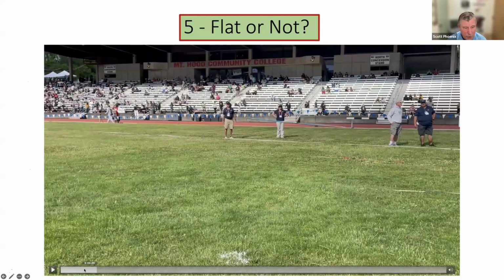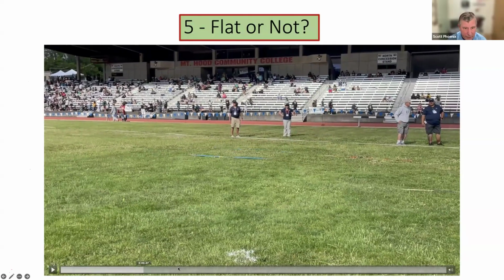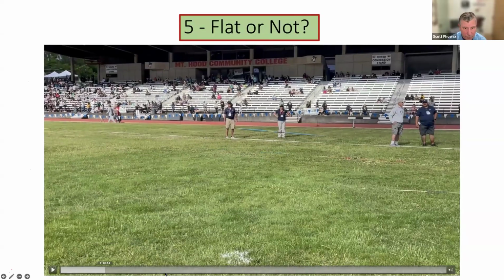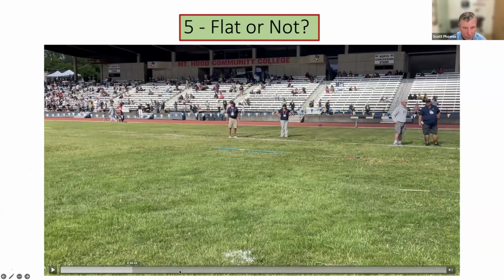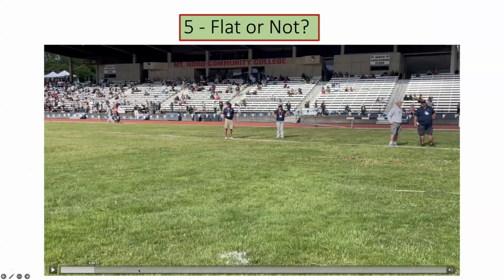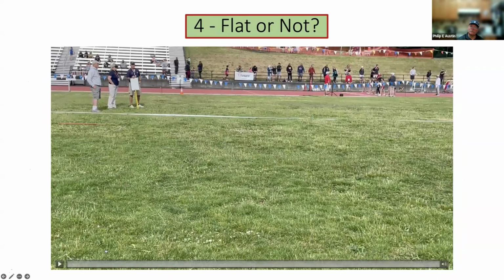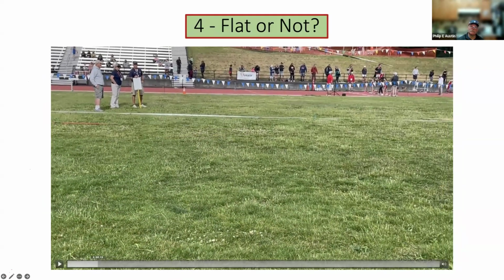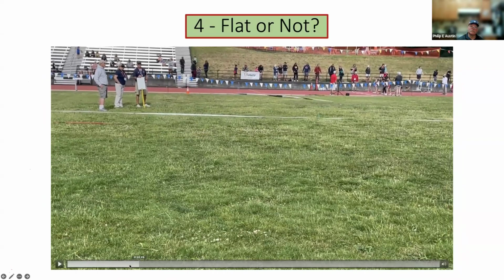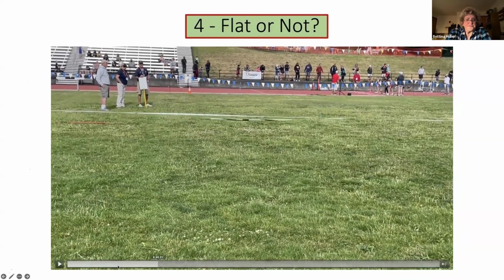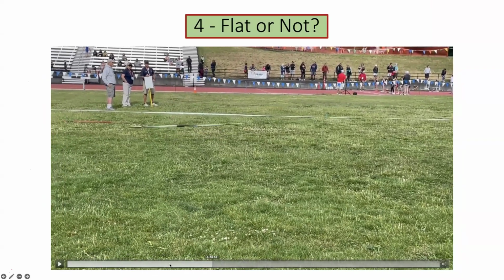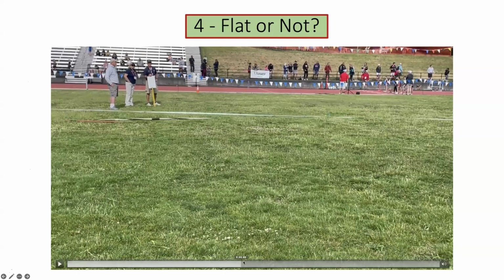Last one is, which of the 2, 4, and 5 is the most questionable? Have to see 4 again. It's a 4. Let's see. Yeah, 4 is tricky. That's a fair throw.